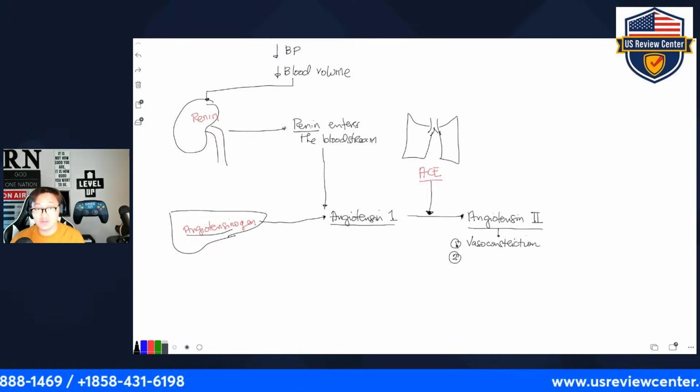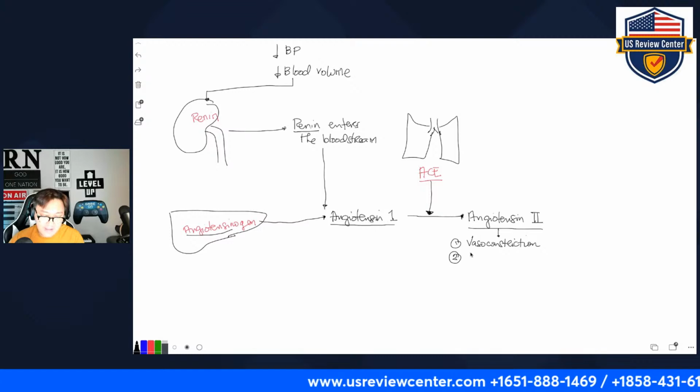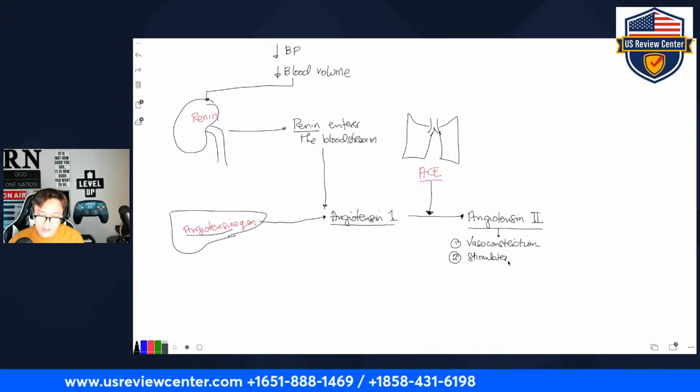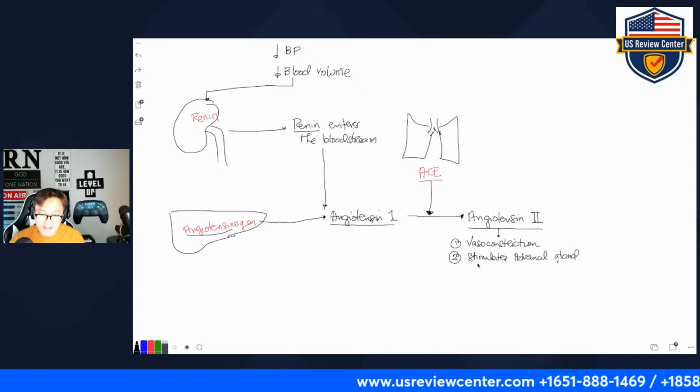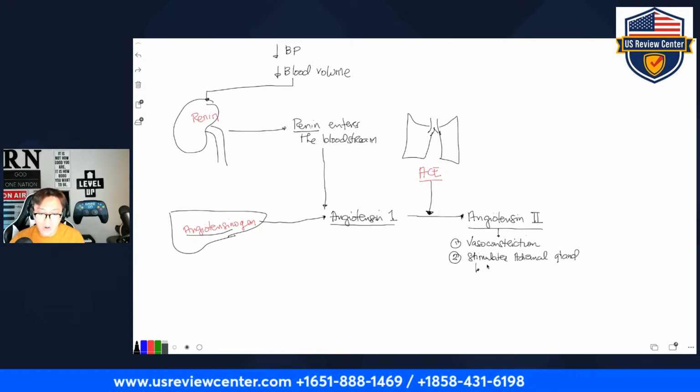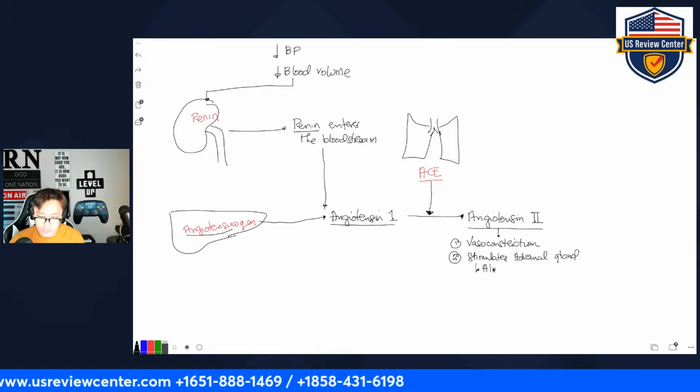Next, number 2, the second effect. Your angiotensin 2 stimulates your adrenal gland. What will happen once the adrenal gland is stimulated? It will release a hormone called aldosterone.